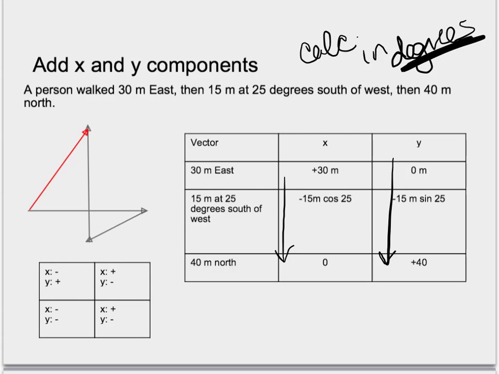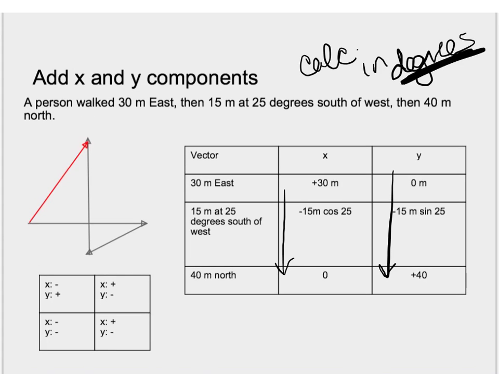So when we add the x's, we get positive 16.4 meters, and since it's positive, the positive x direction is to the east, and then our y's comes out to 33.7 meters, also positive, and since it's positive, the positive y direction is up, so that's going to be north.